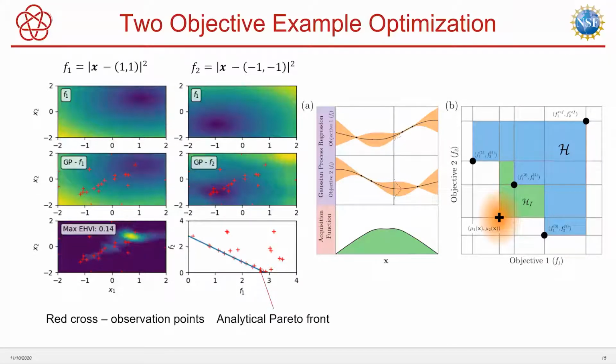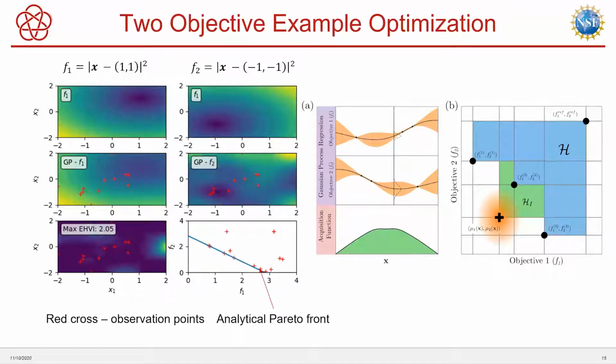In the middle row, I have the Gaussian process surrogate models for each of them, and I'm also plotting my physical observations with red crosses. On the bottom left is a plot of the acquisition function in 2D space, which is simply the average increase in hypervolume as a function of input space based on my surrogate model.